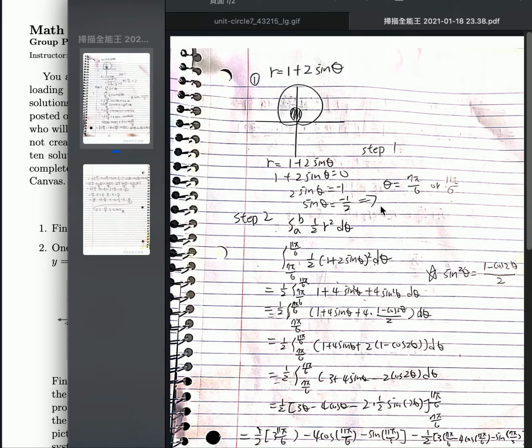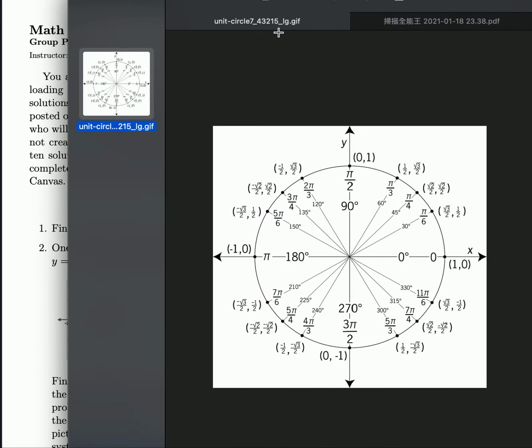We can see in this picture that sine theta equals -1 over 2 has two angles, 7 pi over 6 and 11 pi over 6. So theta equals 7 pi over 6 or 11 pi over 6.